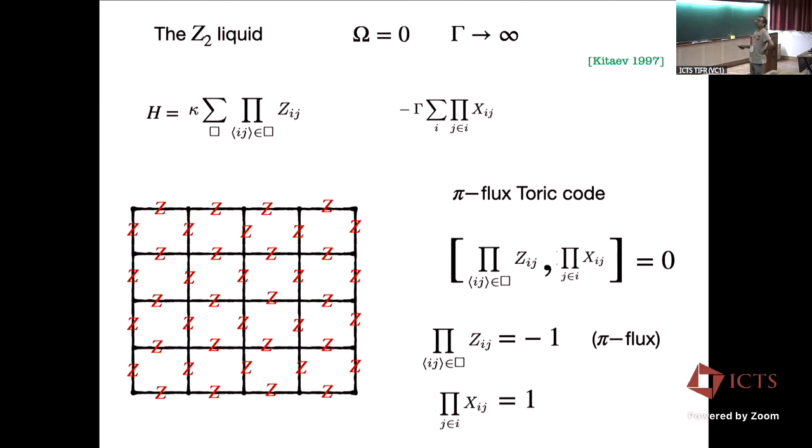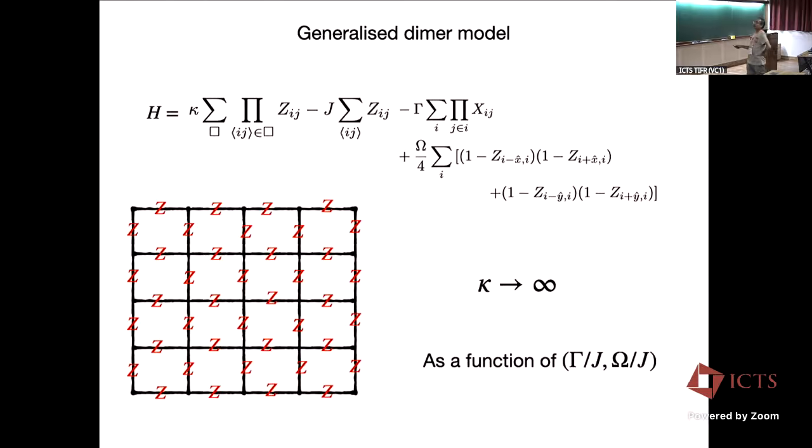The first thing that would be very useful is to put omega equal to 0, so no potential term, and take gamma to be large, larger than J, which is much away from the dimer limit, and start from there.